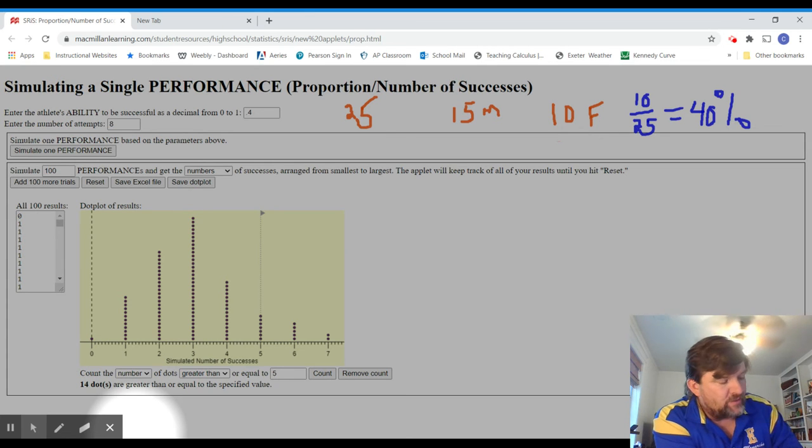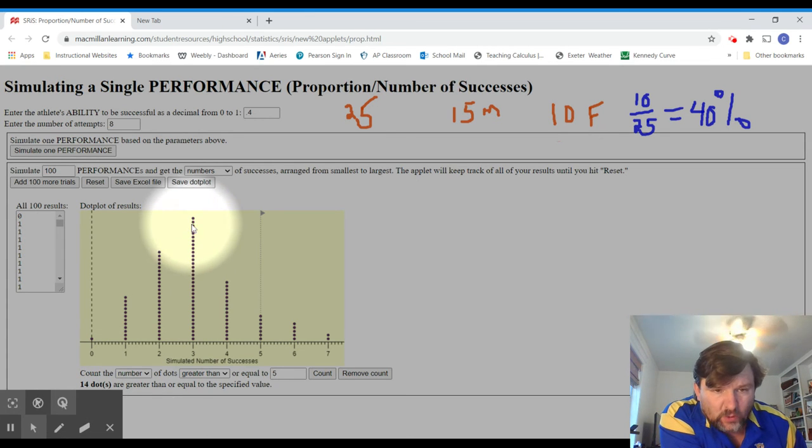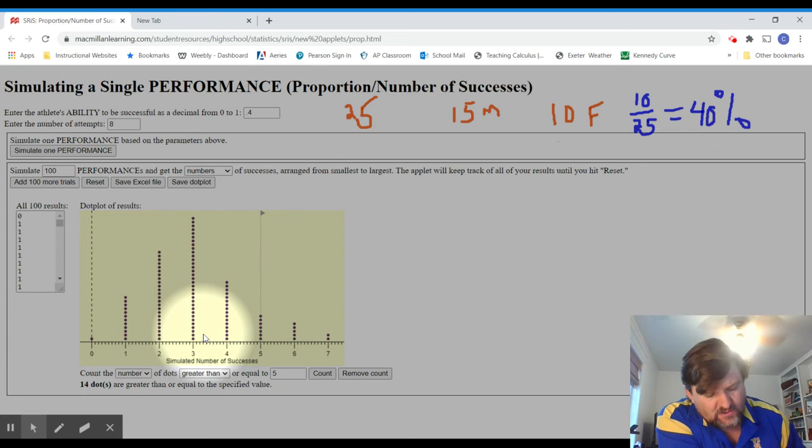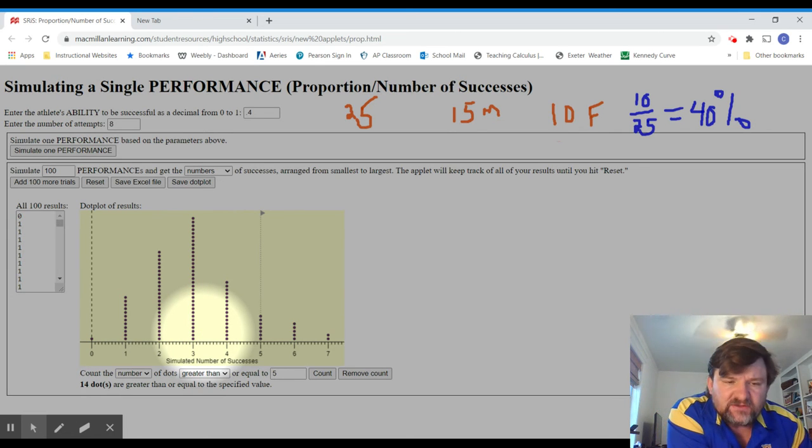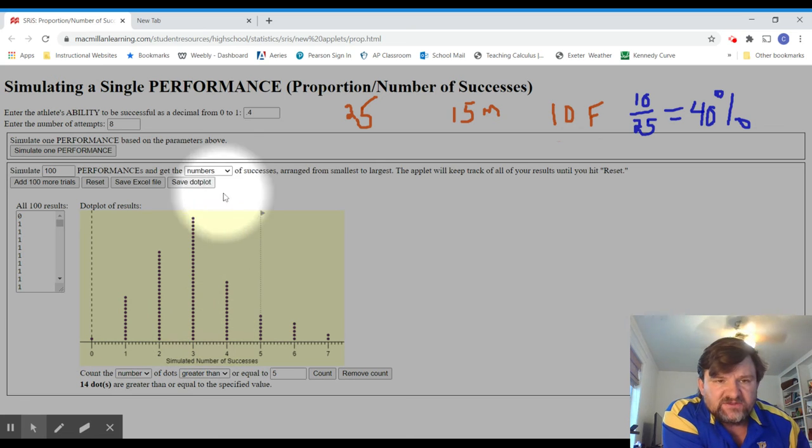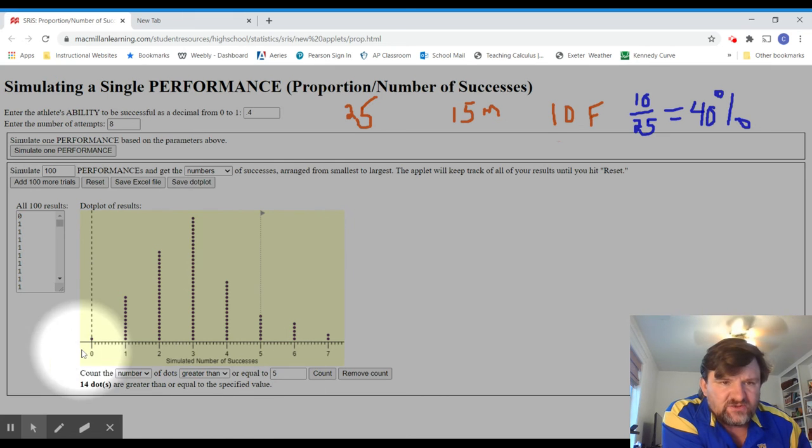If we do a little bit of math, let me get my calculator. The biggest total here is 3. If we do 3 divided by 8, it comes out to 37%, which makes sense because they're going to get chosen 40% of the time. 3 out of 8 is about 40%. So this is looking pretty decent when it comes to matching up.